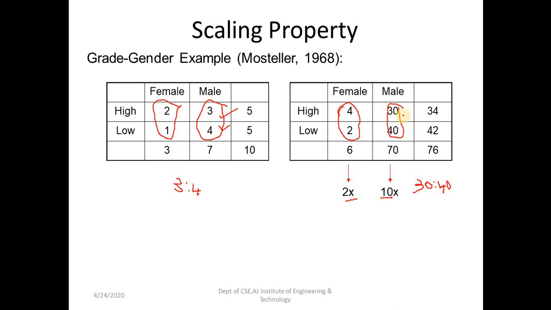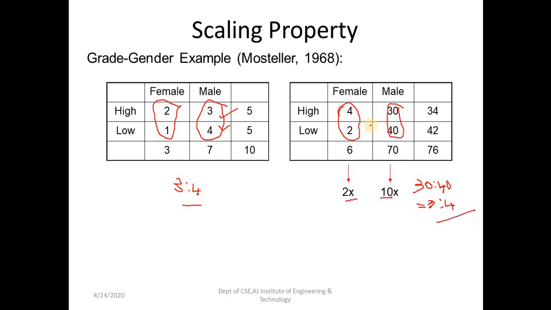The ratio of males who got high grades to males who got low grades is also equal to 3:4, right? So the ratio is the same in both the tables.